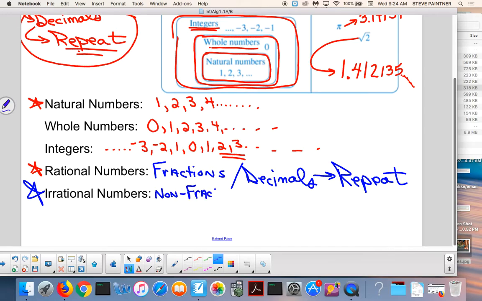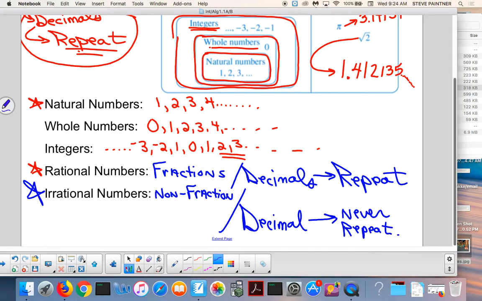They can't be written as a fraction. And they're also going to be decimals that what? They don't repeat. Never repeat. Bingo. Okay? Your job today is to look at a number and say, that is rational, that is whole, that is natural. Okay?